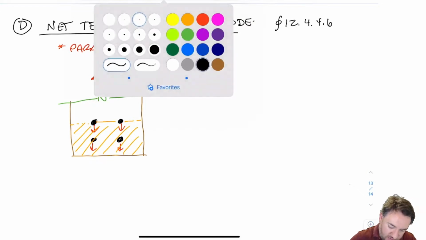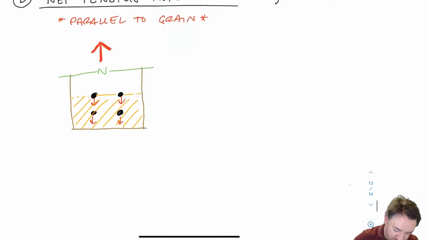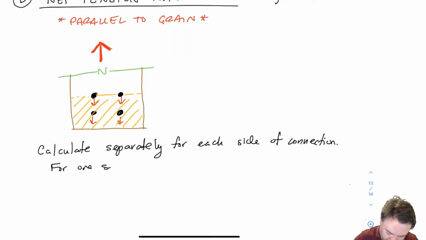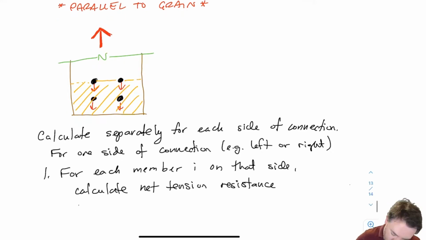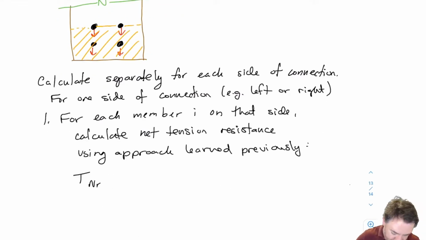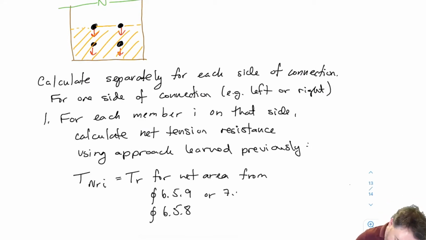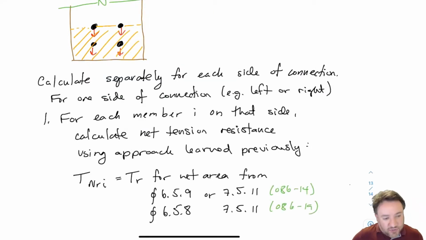Okay, so we can basically skip directly to how to calculate this because, as I said, we've done it before. Just like row shear and group tear out, we're still dealing with just one side of the connection at a time. If we have multiple members on each side of the connection, then we find the net area for each of those members, and then we add them together in the second step.